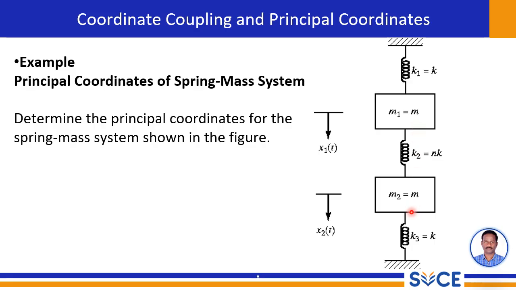They are connected by three springs. The top spring K1 has a stiffness K, the middle spring K2 has a stiffness nK, where n is a factor, and the bottom spring K3 also has a stiffness K. The displacements of the masses are represented by x1 of t for mass m1, and x2 of t for mass m2.